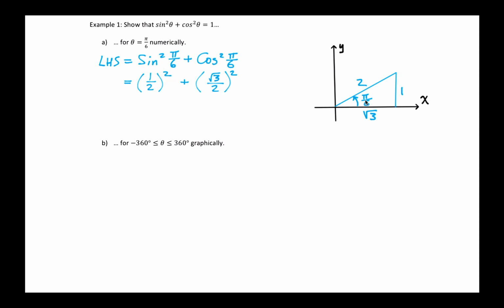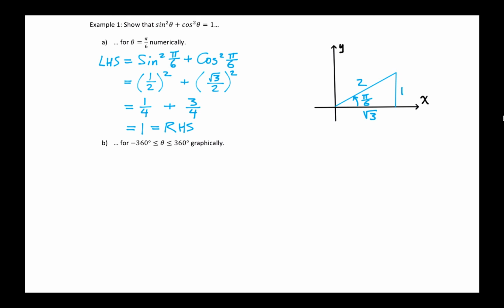Now for the cosine, I'm taking x over r, root 3 over 2, and I'm going to square that. When I square each of those, I get 1/4 and I get 3/4. When I add them together, that gives me 1, which is identical to what we have in the right-hand side of the equation. So this proves to be true for the particular angle of pi over 6.